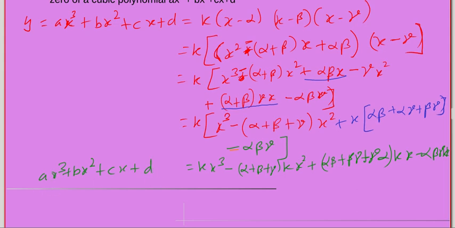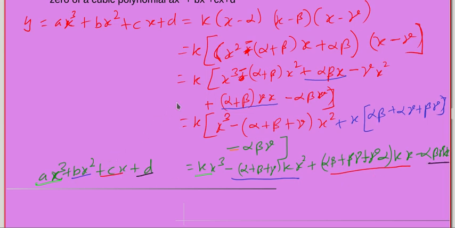Let me equalize the corresponding terms. Okay. So this is the x cube term, and this is the x square term. The x square term is here, and the x term is here. This is the x term, and this is the constant term. Okay.